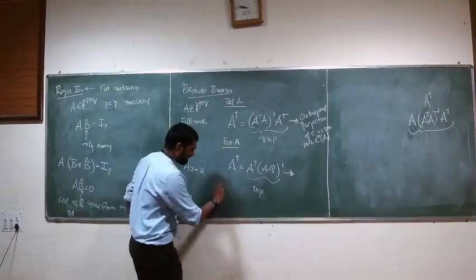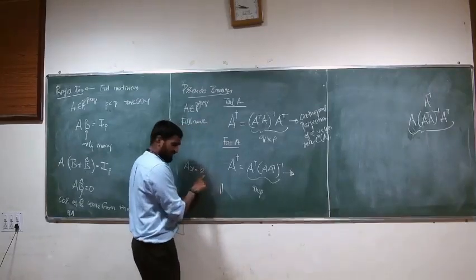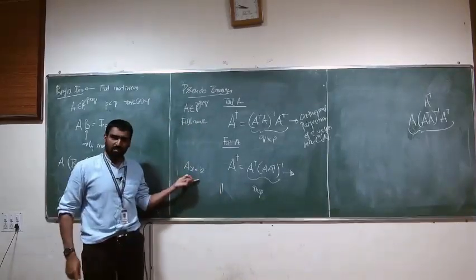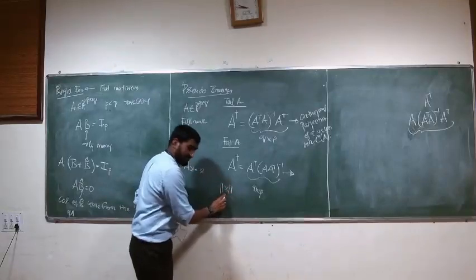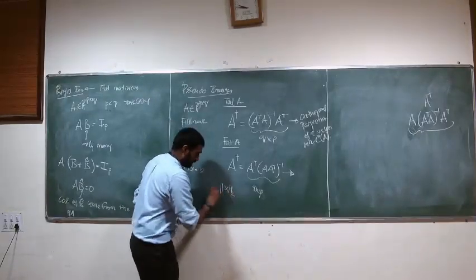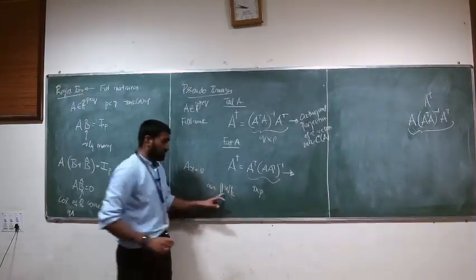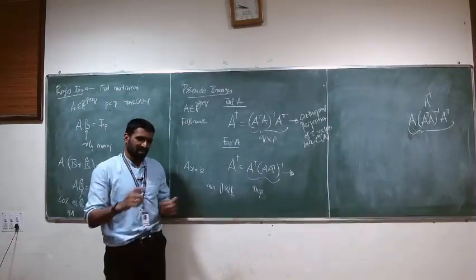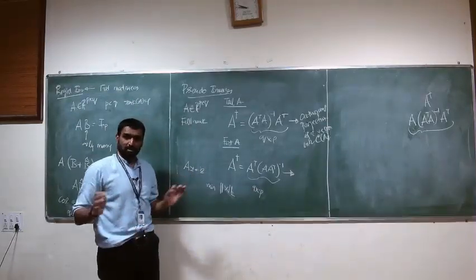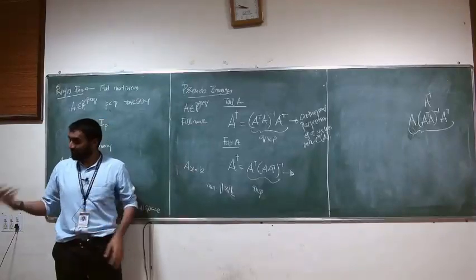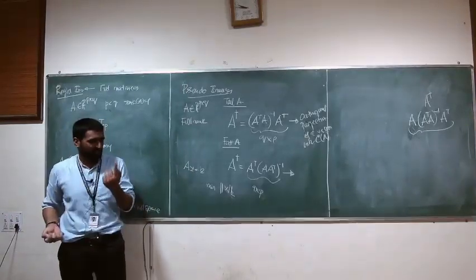If you set the criteria to be, I want a solution to this problem, and I want my X to have the minimum 2 norm, that means the length of the solution has to be the lowest.